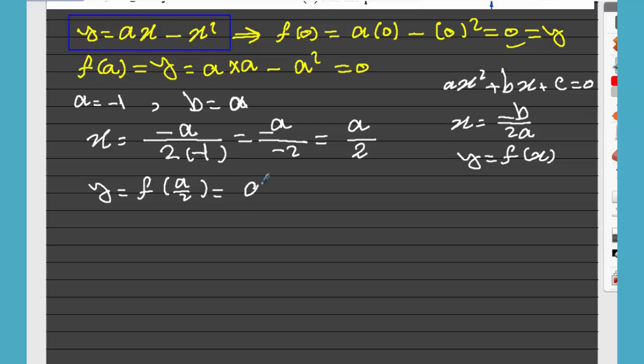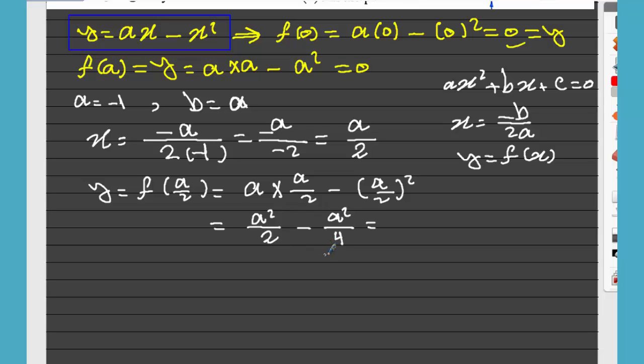So we have a multiply a over 2 minus a over 2 all squared, which equals a multiply a over 2 equals a power 2 over 2 minus a squared over 4, as 2 squared equals 4. So we have a squared over 2 minus a squared over 4.